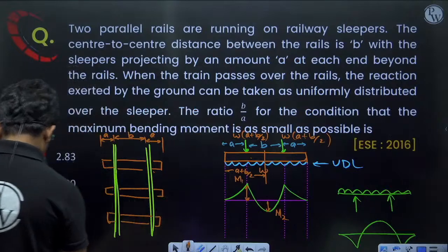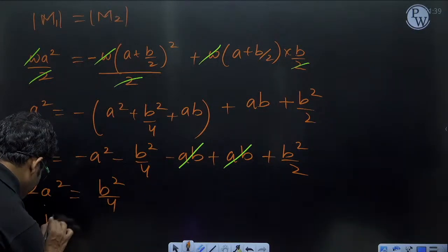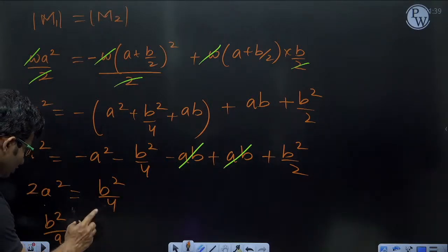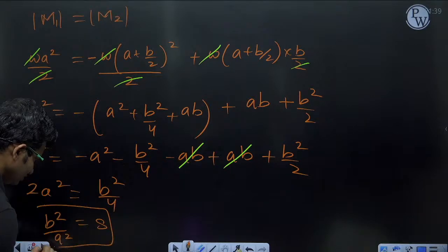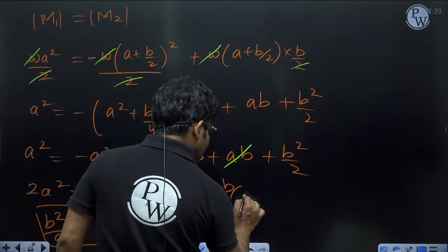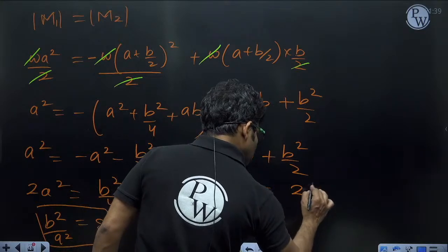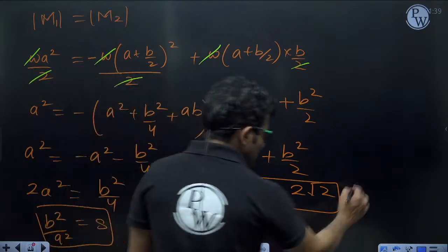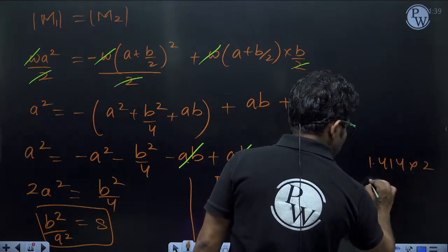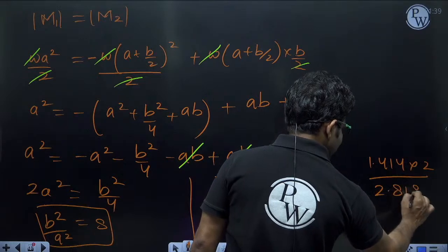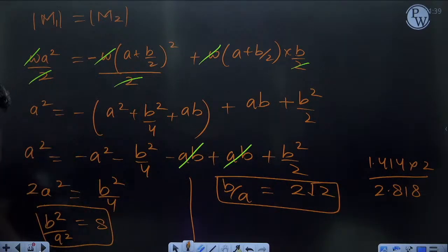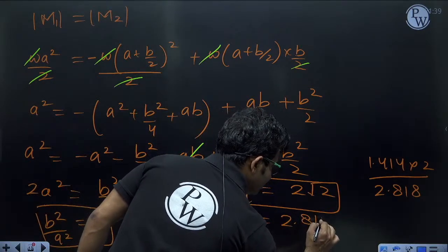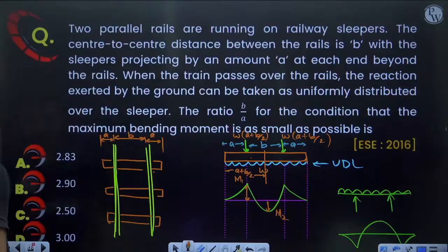So we have to find the ratio of b by a. b²/a² will be equal to 8, so b/a will be equal to 2 root 2. 2 root 2 means 1.414 into 2, so it will be 2.828. So b/a will be 2.81 or 2.82.